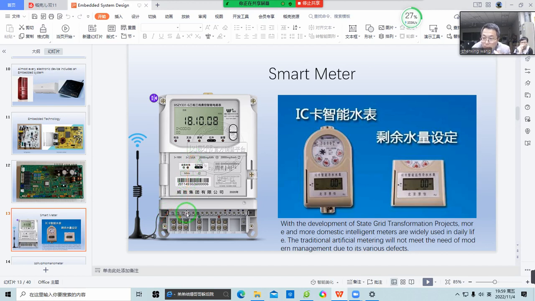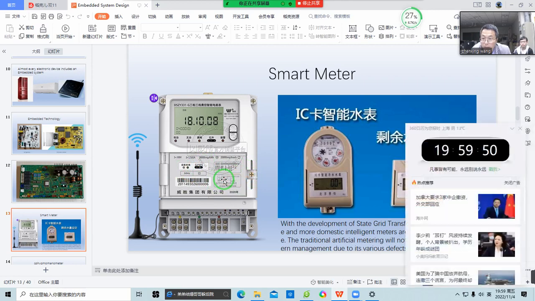It samples the voltage and the current, and calculates the watts inside this PCB board, and also drives the LCD device, the LCD module, and calculates some business logic inside. The CPU program calculates some business logic, calculates different parameters, and sends them to the cloud.